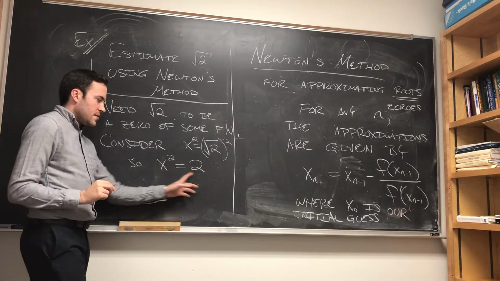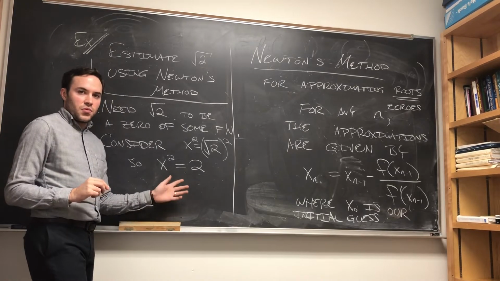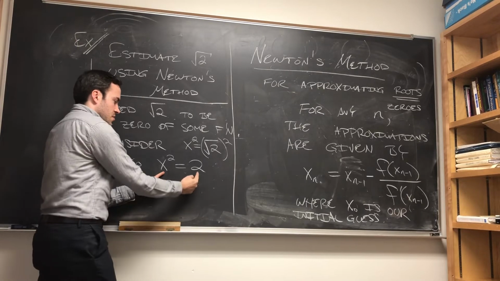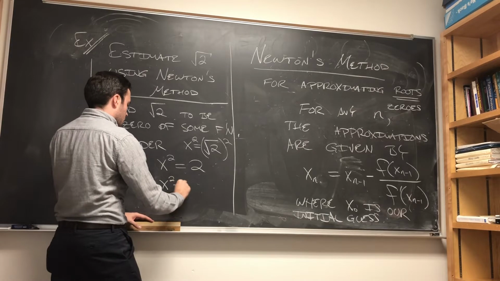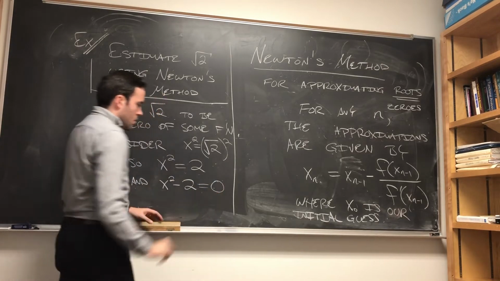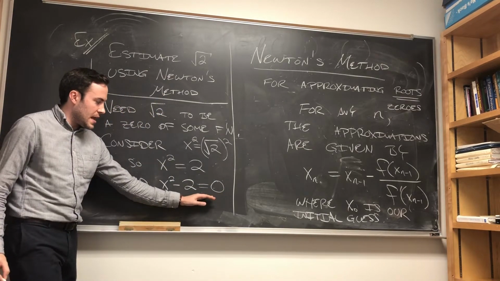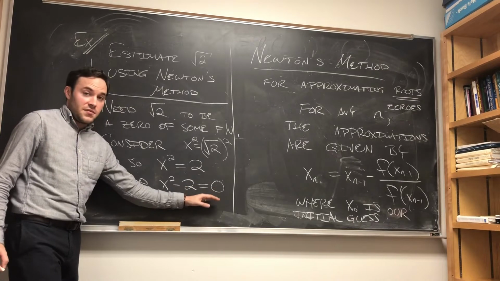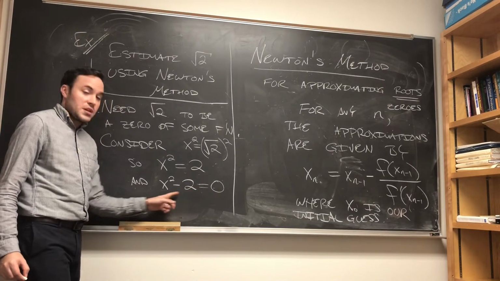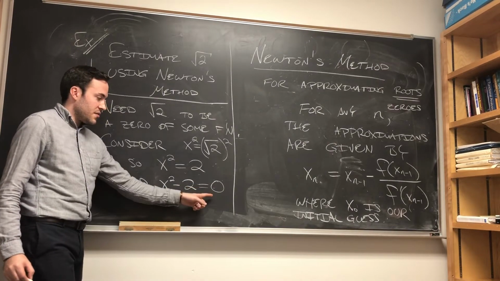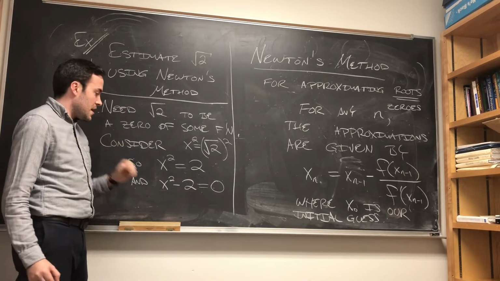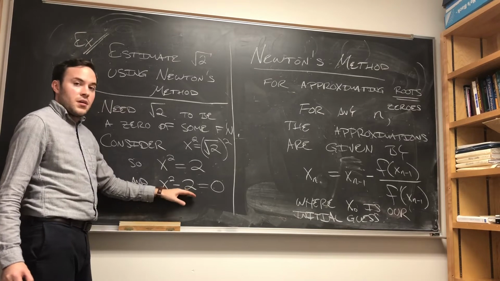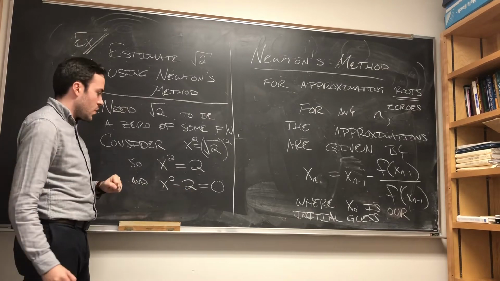And now we're just one step away from viewing this as the root of some kind of function. If we just subtract 2 over, we have this statement here, and now the positive solution of this anyway, because there will be 2 solutions, remember, the positive solution is going to be the square root of 2, which is what we're trying to estimate, and that's going to be the positive root of this function x squared minus 2.